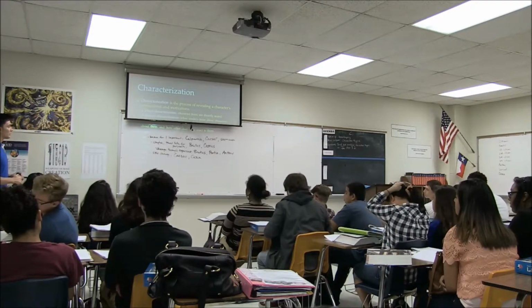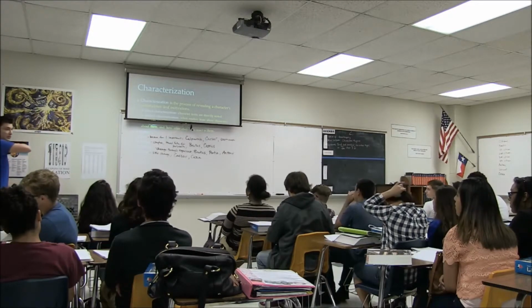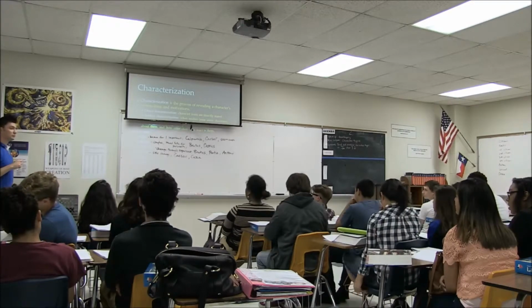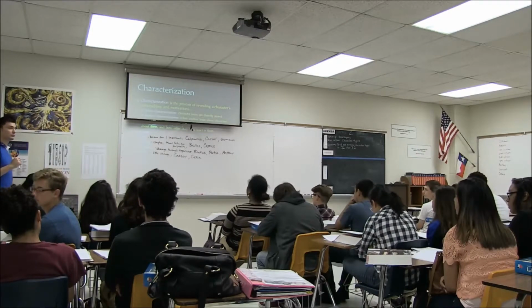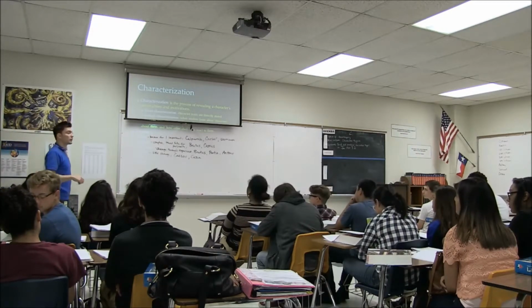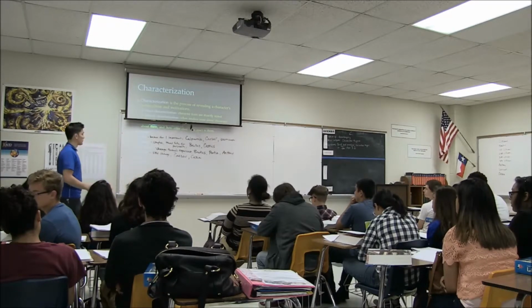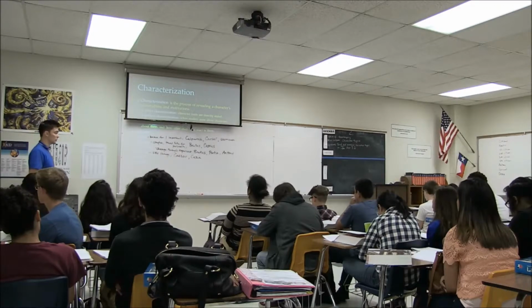So when we look at a static character, you're saying that he changes a little bit, or he does not change? A little bit. I mean, he was kind of loyal to Caesar the whole time, but throughout the play he got more loyal because Caesar trusted him more. Okay. So a character that can be relied on for his loyalty. I like that. That's good. What else? Any other characters?